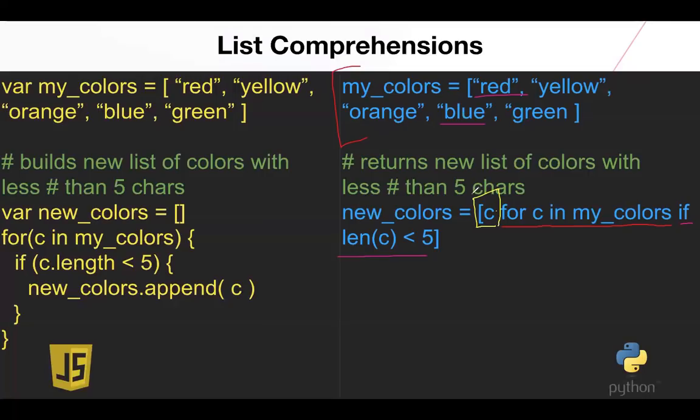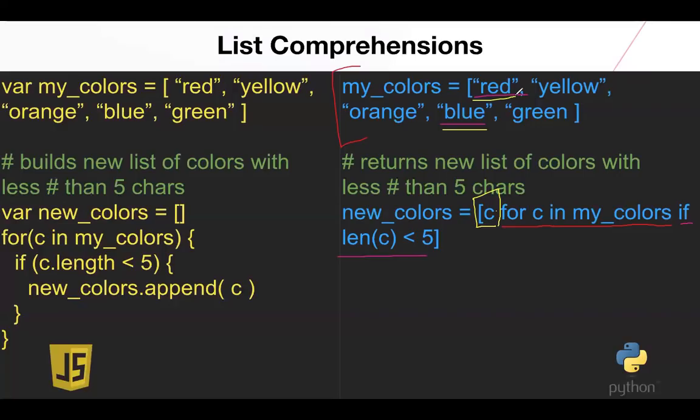So I could manipulate these values before putting them into my new list, but in this case, I'm not. So by saying c for c in my colors, I'm saying, okay, use the original color, the original value for every value in this original list where the length is less than 5.